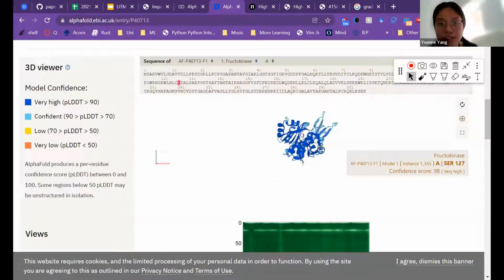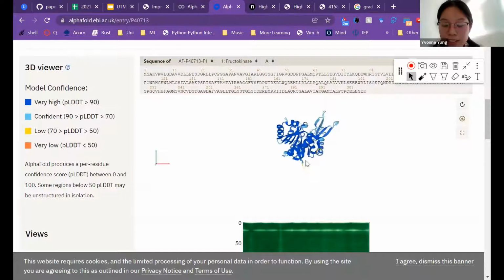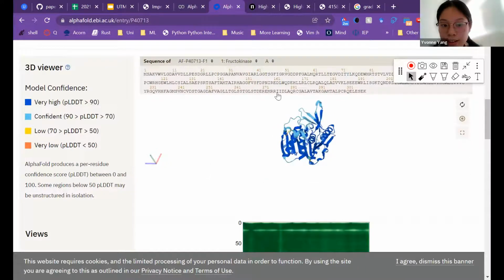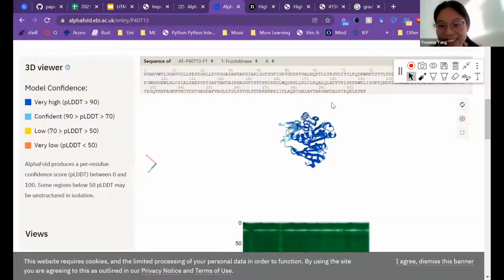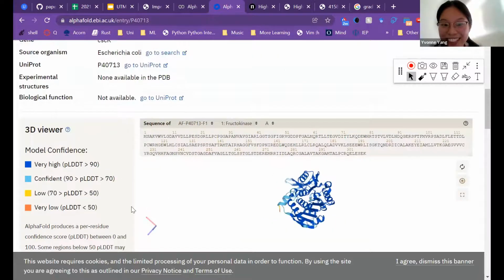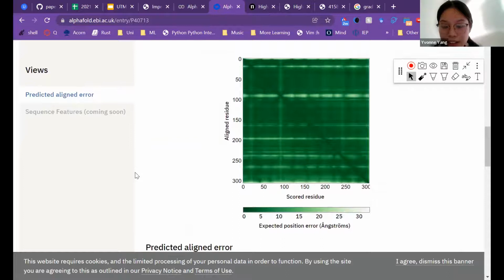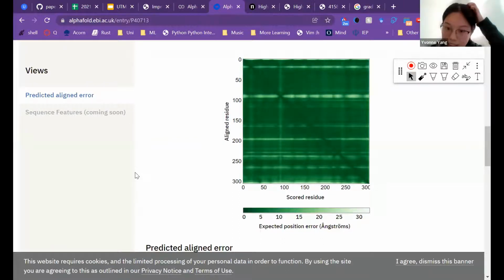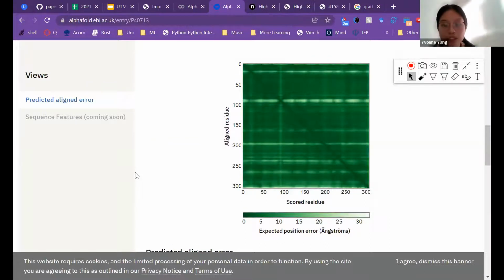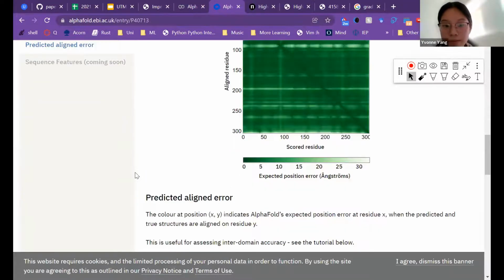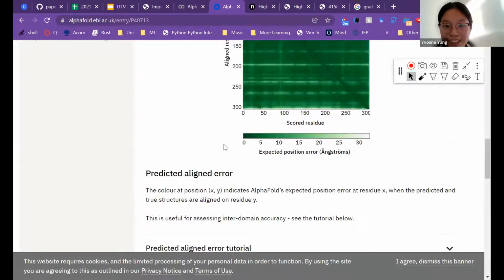Yeah, so this is the 3D model that is predicted by AlphaFold. I think it's just really nice to look at these 3D structures. And this is the original amino acid sequence. And then they also tell you an expected error, calculated as a loss function in the AlphaFold model. So these are all very fun things to look at.